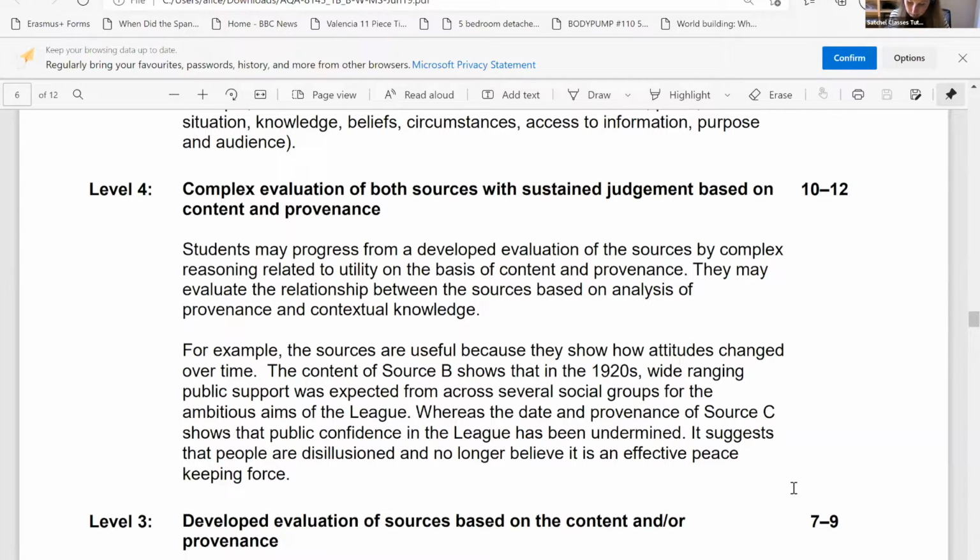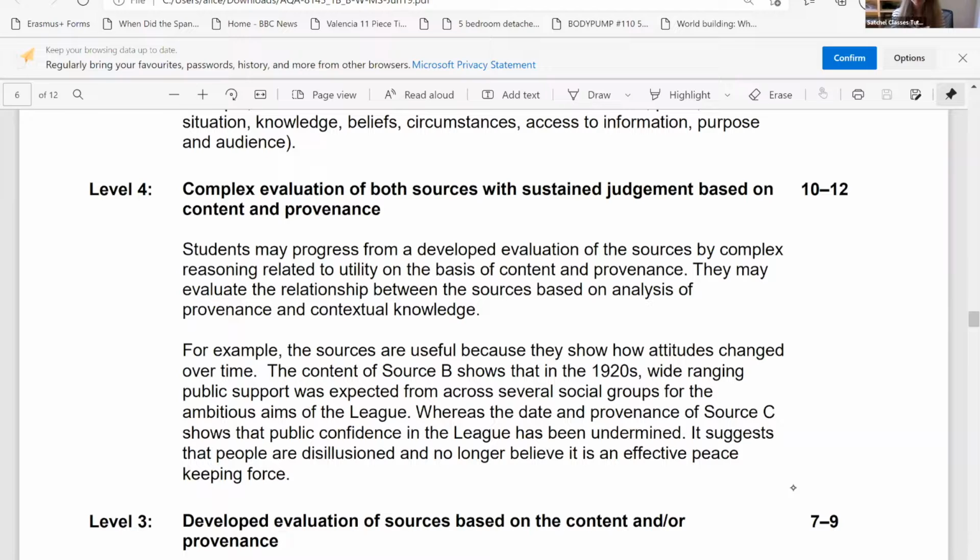This suggests that people are disillusioned and no longer believe that it is an effective peacekeeping force. So in this question, there are clear-cut things that you have to do to get into each of the levels.